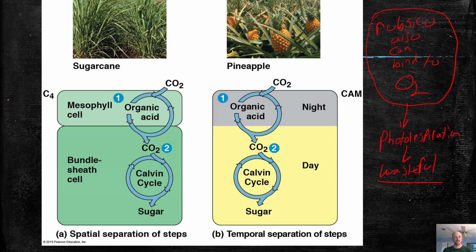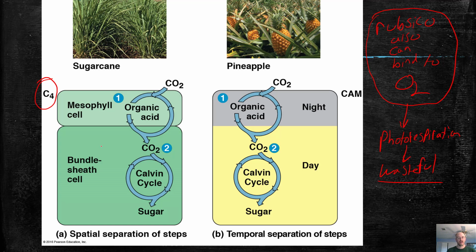One way of doing this is known as C4 photosynthesis. It's known as C4 photosynthesis because one of the first molecules produced in the Calvin cycle in this plant has 4 carbons in it instead of 3 carbons like most plants. So what happens in the case of C4 plants, we separate the light reactions from the Calvin cycle into different cells, different places.